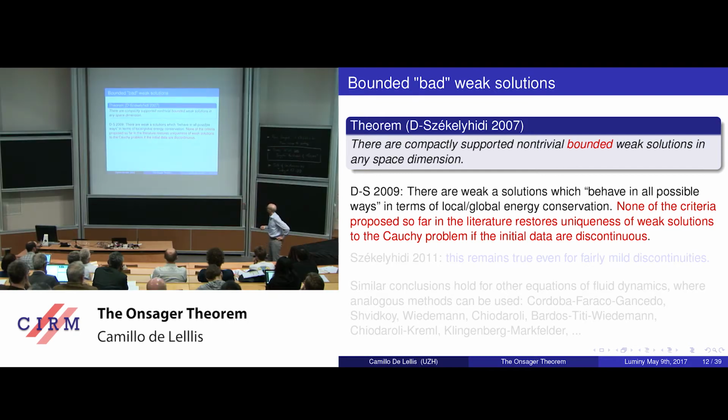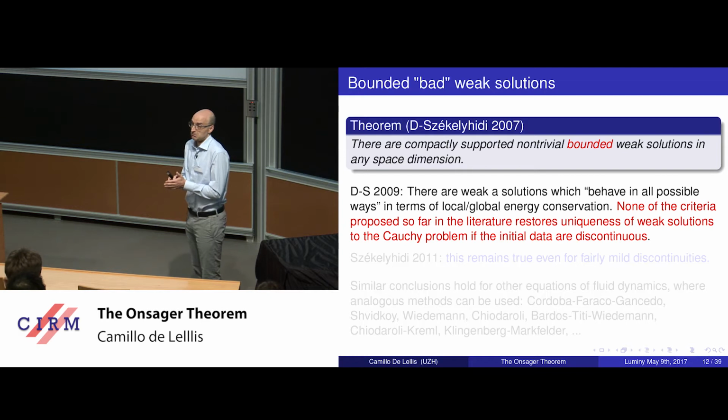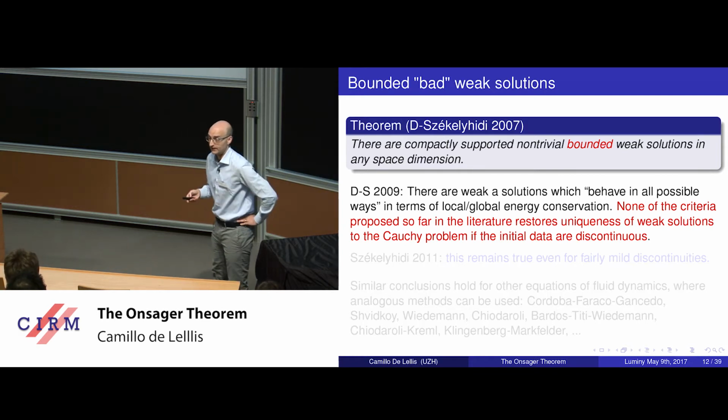So far, for all the conditions which have been proposed in the literature, the uniqueness of weak solutions for the Cauchy problem can be contradicted by a counterexample using the methods of the proof of this theorem. And you don't need initial data which are too discontinuous. Actually, mild discontinuities in the initial data already trigger this non-uniqueness phenomenon for weak solutions.